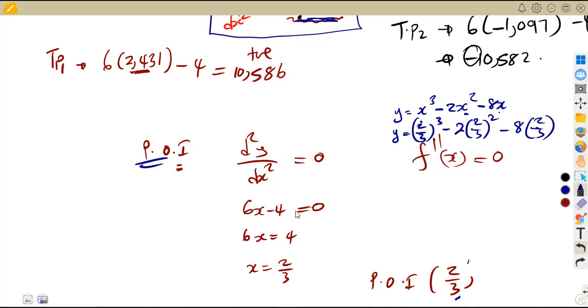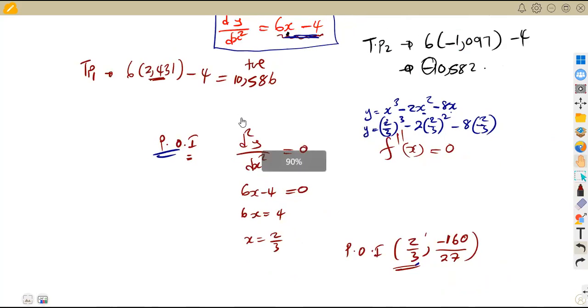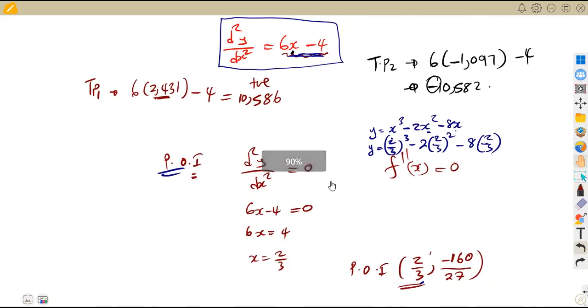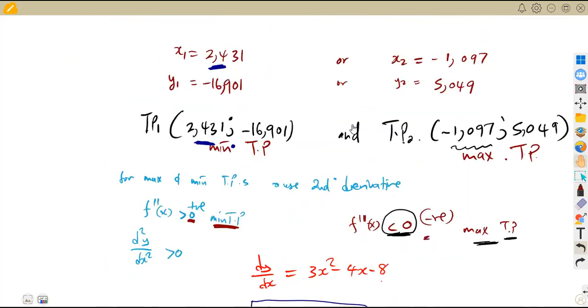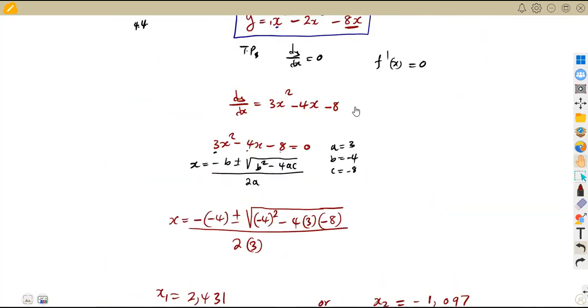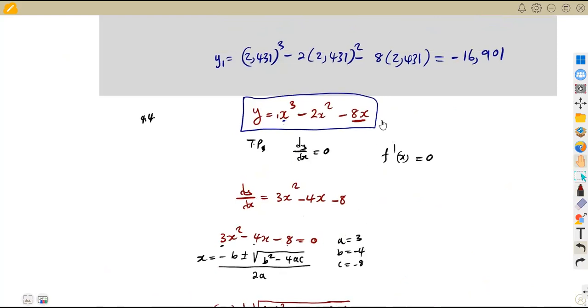That gives us negative 160 over 27 in this case. All right, so that is it. For our point of inflection, we simply use the second derivative, which must be equal to 0. That is how you determine these from your derivatives.